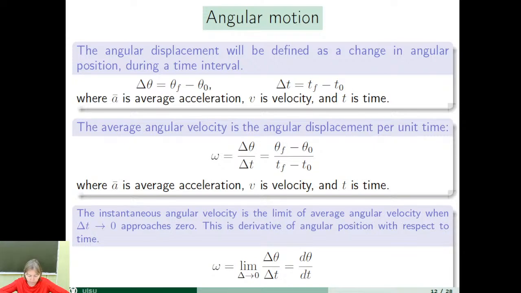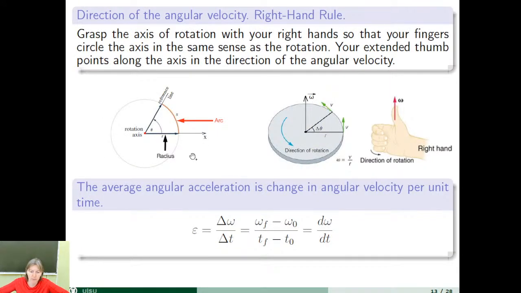It is given by theta equals s divided by r, where r is the radius and s is the arc.